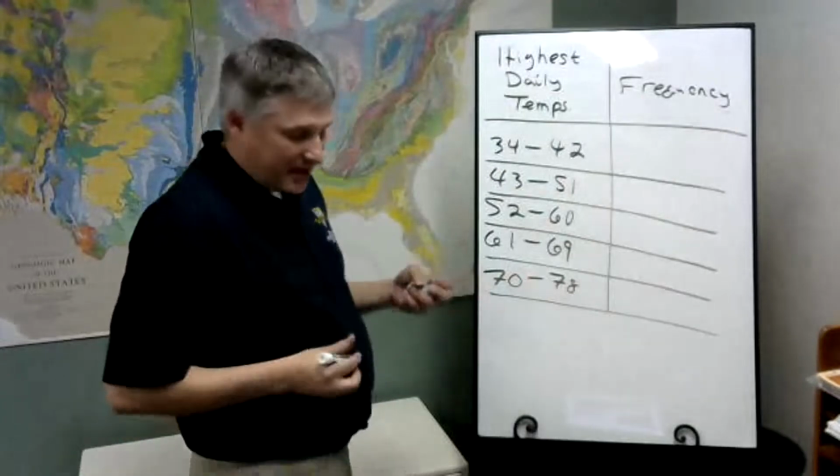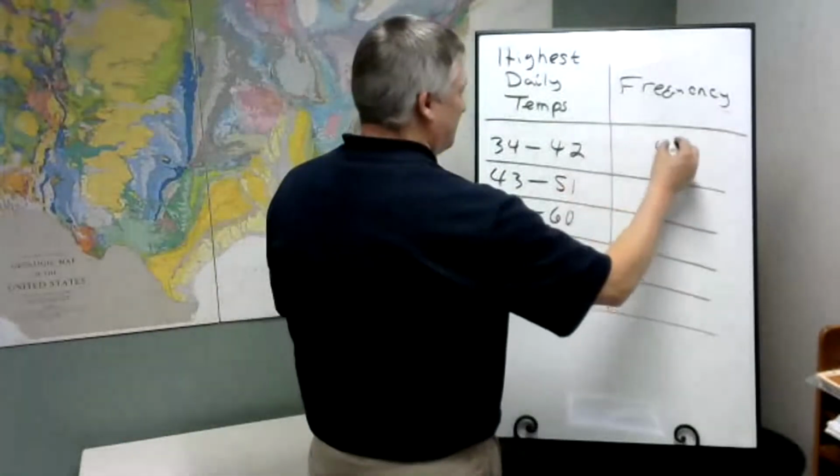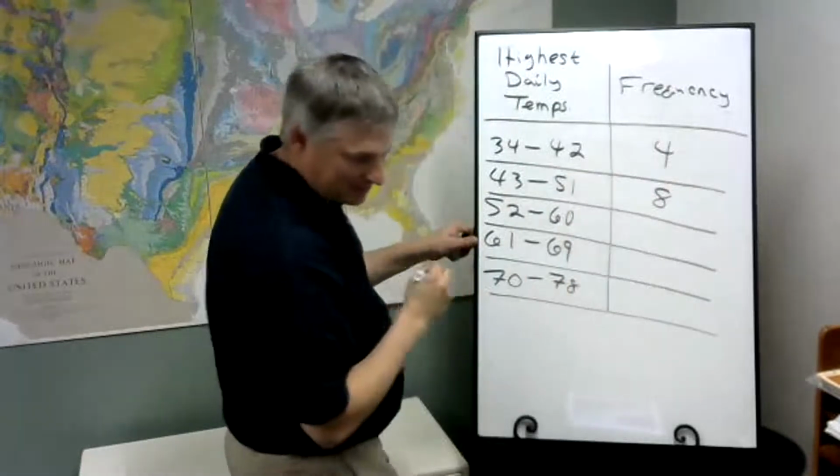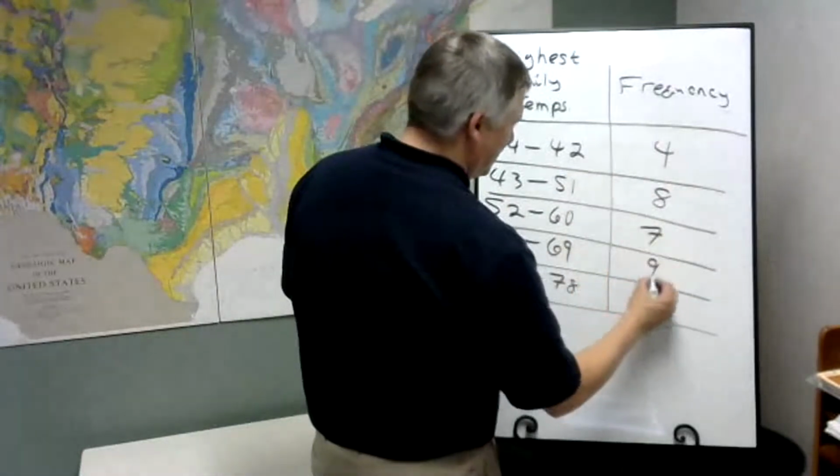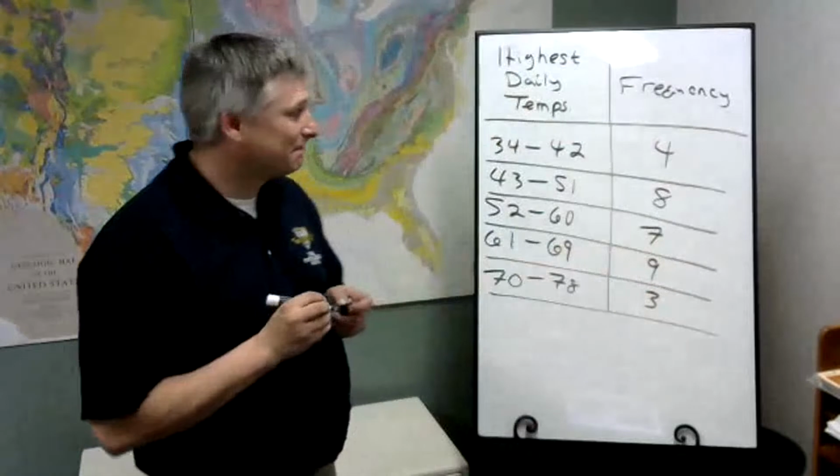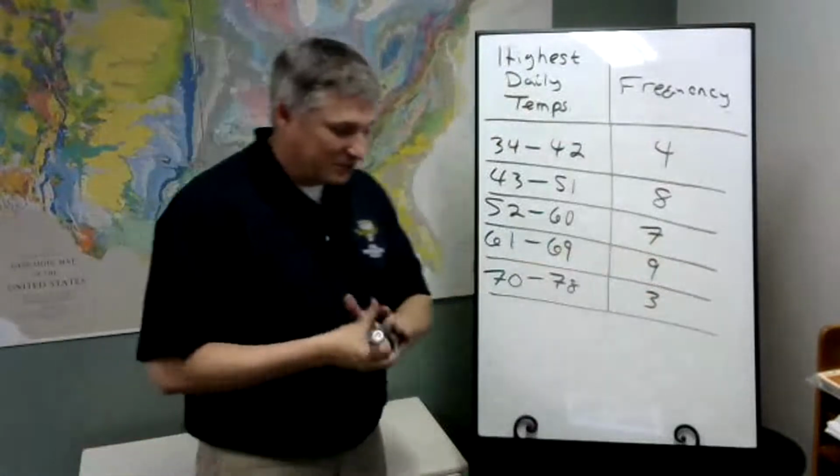So looking at our tally marks, what we had: 4, 8, 7, 9, and 3. And so that's our frequency table.